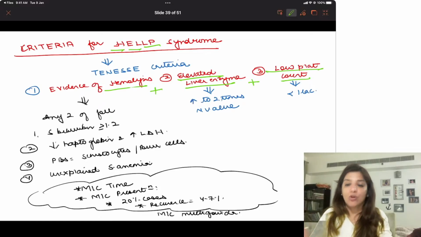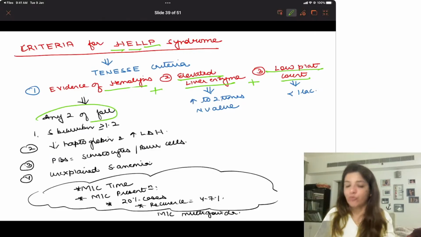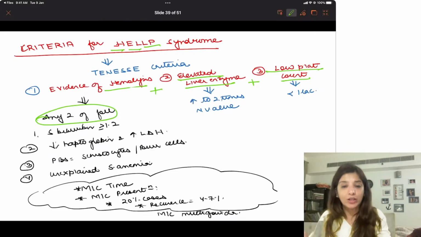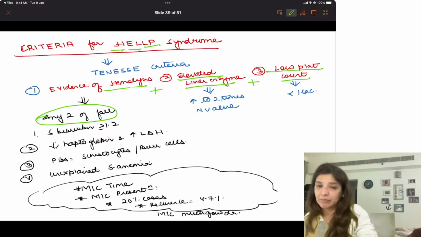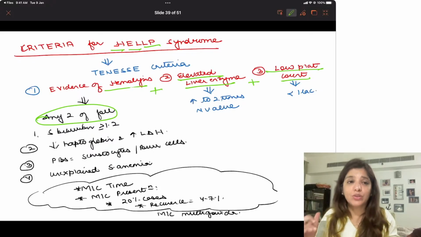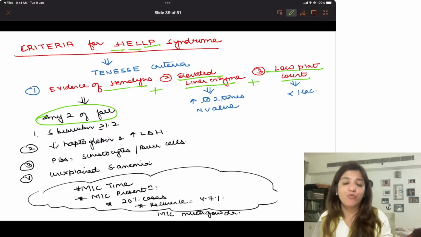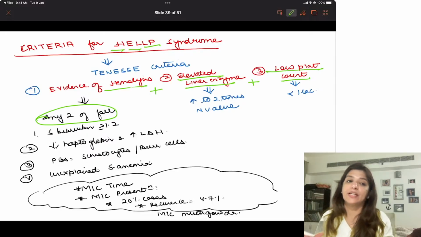Now, for evidence of hemolysis, any two of the following four should be present. Number one, serum bilirubin more than or equal to 1.2. Number two, decreased haptoglobin levels or increased LDH levels. Number three, on peripheral blood smear, schistocytes or Burr cells. And number four, unexplained severe anemia. Out of these four, any two if present indicate hemolysis.